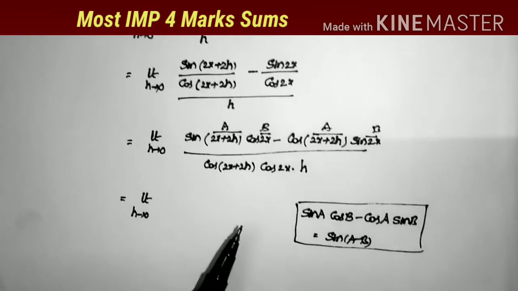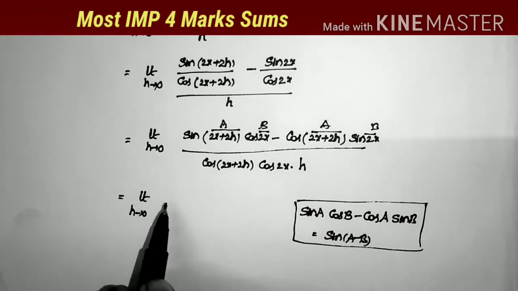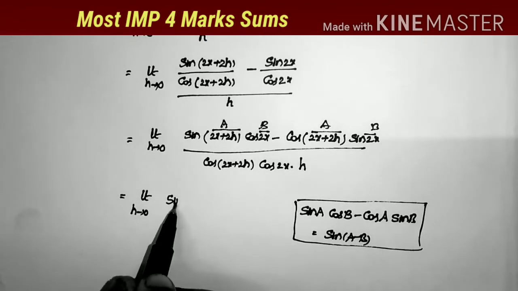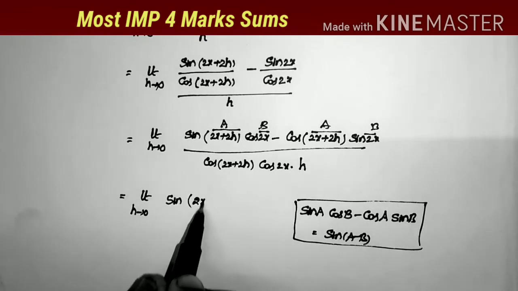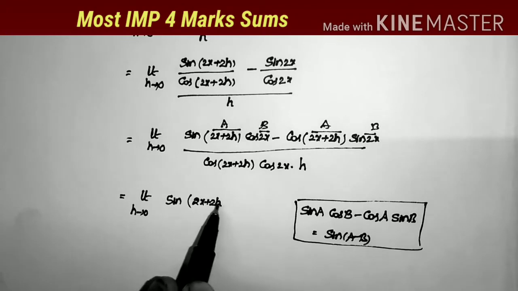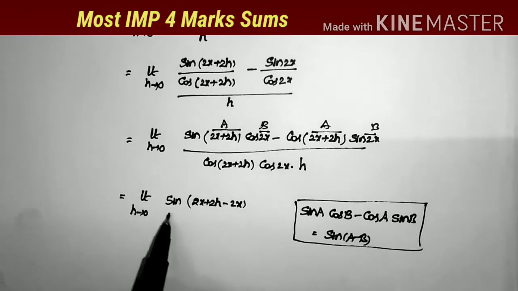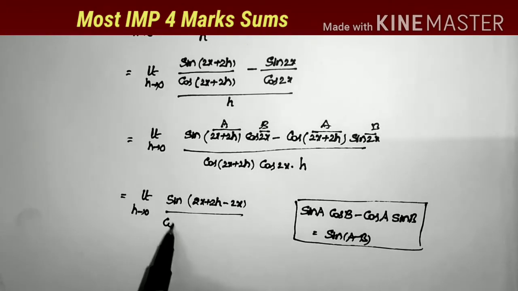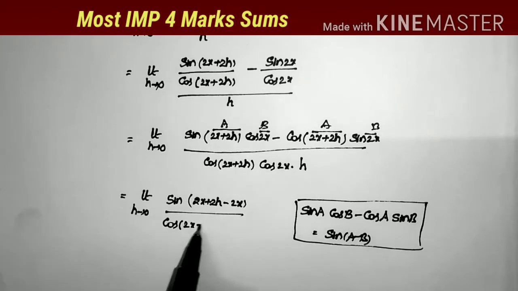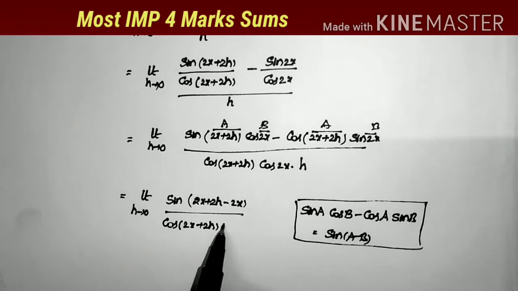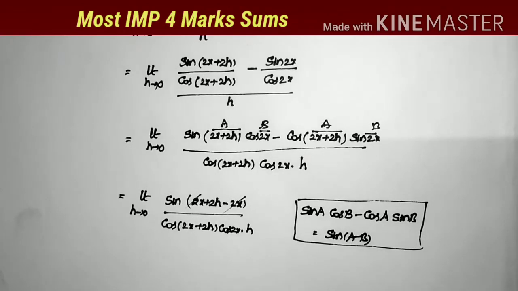What is sin a cos b minus cos a sin b? It is sin of a minus b. So sin of a minus b is equal to sin a cos b minus cos a sin b. Observe that this is a, this is b. Here a is equal to 2x plus 2h and b is equal to 2x, whole by cos of 2x plus 2h into cos 2x into h. Now here 2x and 2x get cancelled.